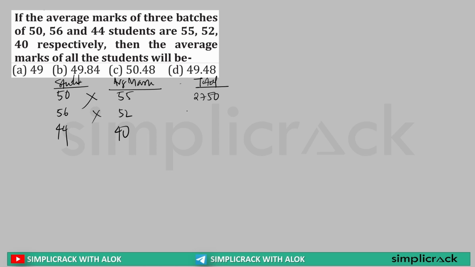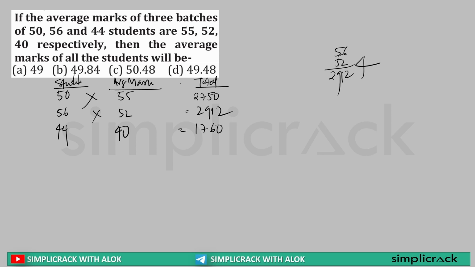Next, 56 into 52. What is that equal to? 2 6s are 12, 2 5s are 10, 6 5s are 30, 30 plus 10 is 40, plus 1 is 41, 5 5s are 25 plus 4, that is 2912. Yes or no? Yes, sir. Then 44 into 40, so it is 1760.